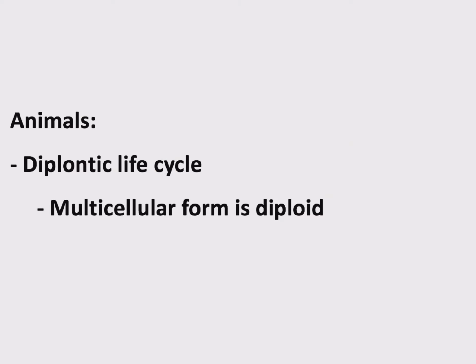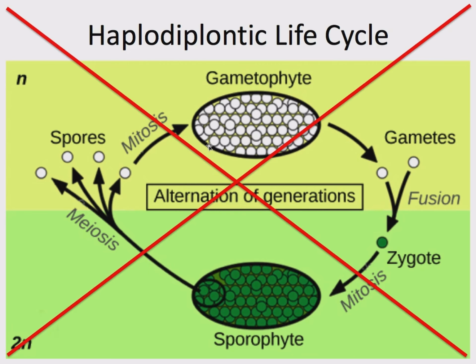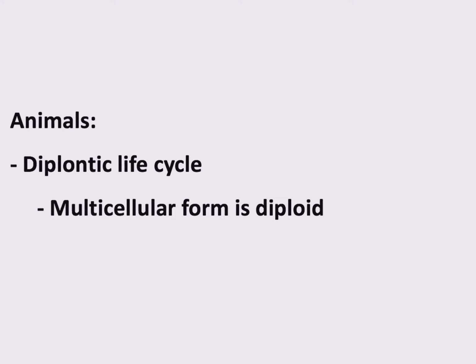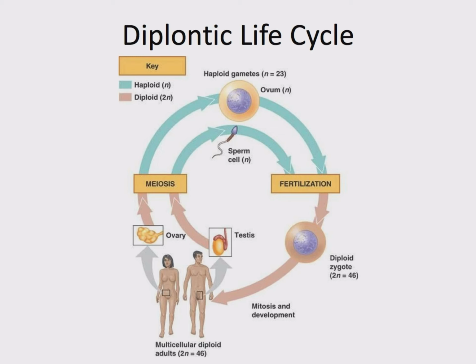Animals have a diplontic life cycle. So this is not a haplodiplontic life cycle, it's a diplontic life cycle. What this means is the only multicellular form is the diploid form. So here's a familiar human life cycle showing the diplontic nature here.